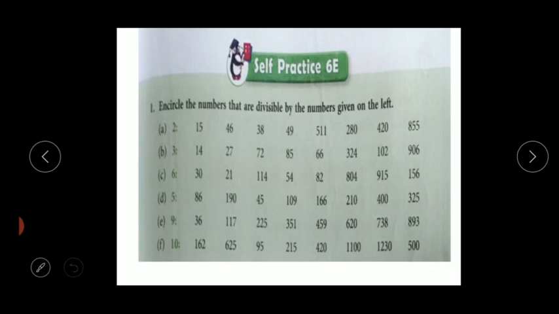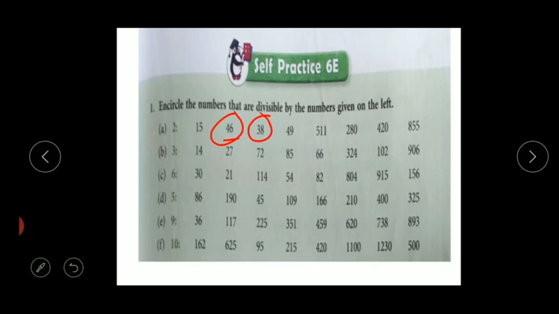You can see in the case of 46 that 6 is an even number. So we can encircle this, because 6 being an even number, 46 is divisible by 2. Now 38 also is possible, because 8 in the units place is an even number.